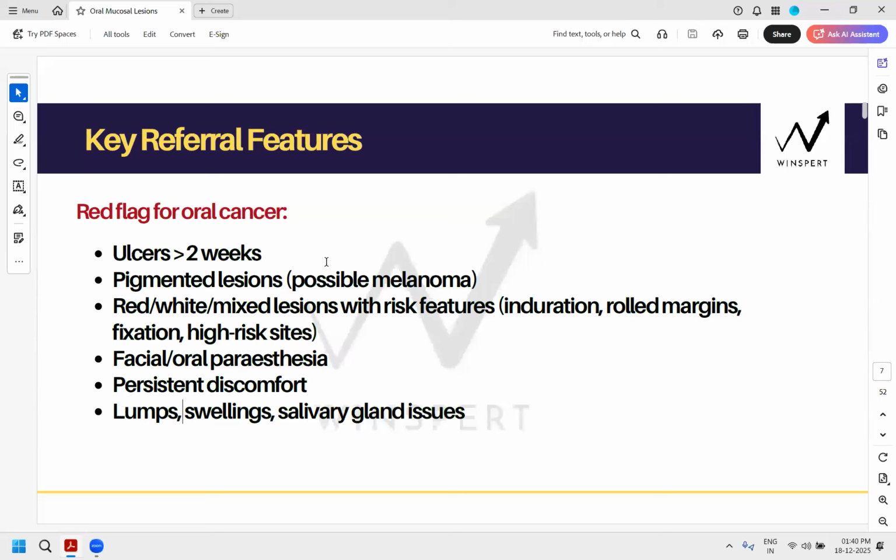You can remove the source of trauma, but immediate referral is needed. So if you have separate options, remove the source and referral, choose referral because the red flag is present. Does that make complete sense for everyone?